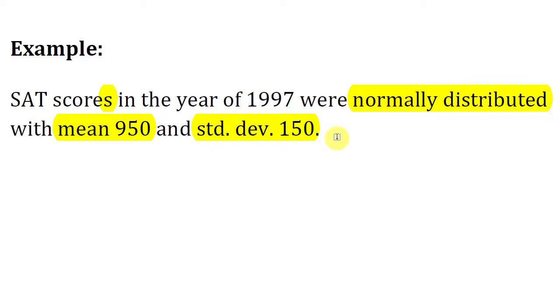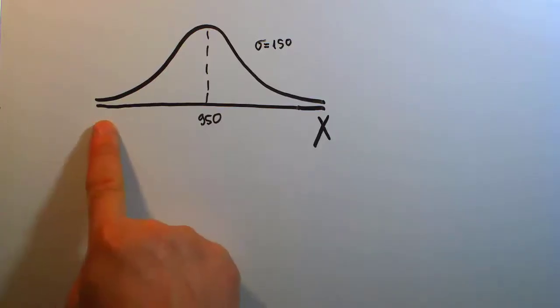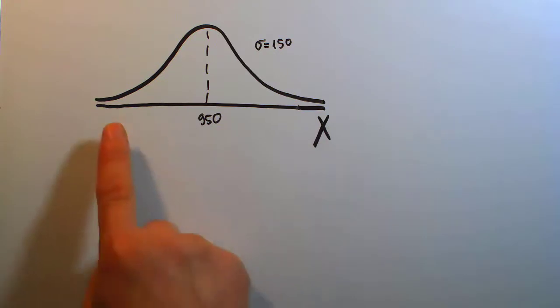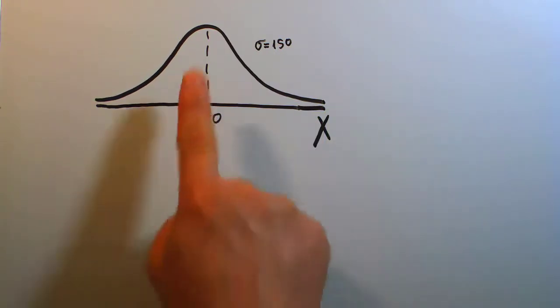Now we have a problem that is asking us to find the 90th percentile of SAT scores. So the 90th percentile means, on this entire axis of all SAT scores here, right in the middle of the bell curve.